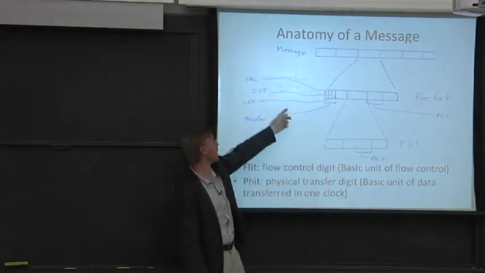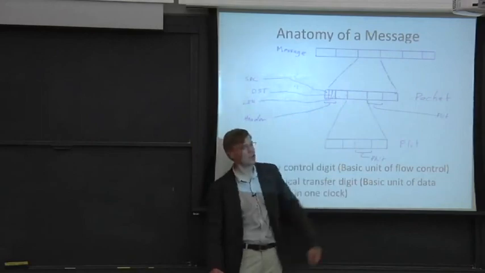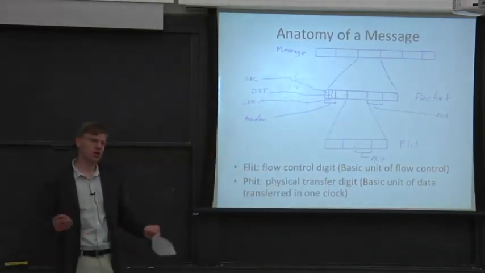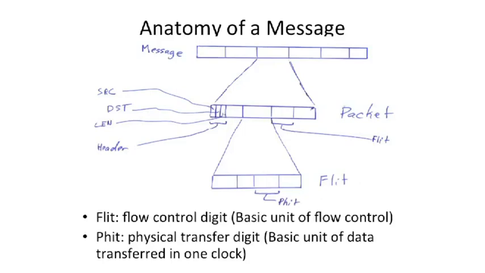So it has routing information. A good example of this is if you're trying to use MPI, and you want to send 1,000 words, and let's say the maximum packet you can send on a network is 100 bytes. You're going to packetize the message into 100 individually routable packets.